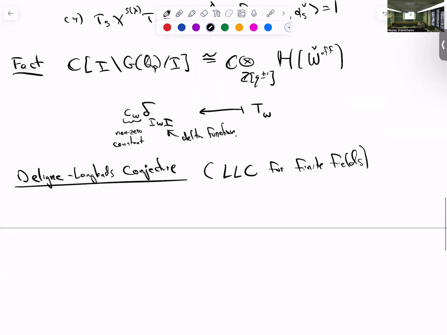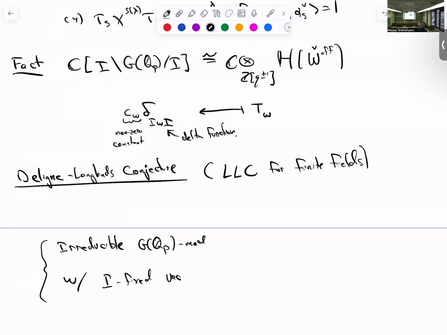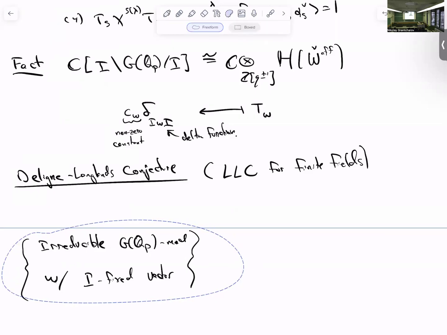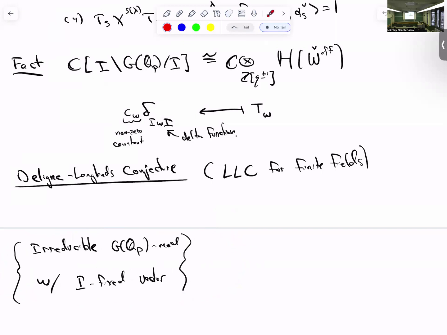So we start, on the left-hand side, with irreducible p-adic group representations with I fixed vector. Namely, this is some representation of this algebra up here.